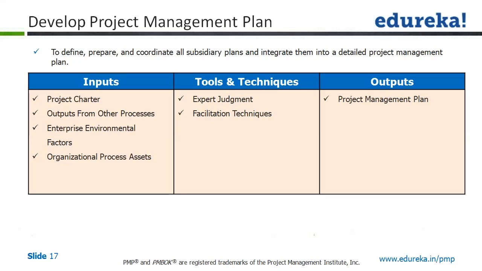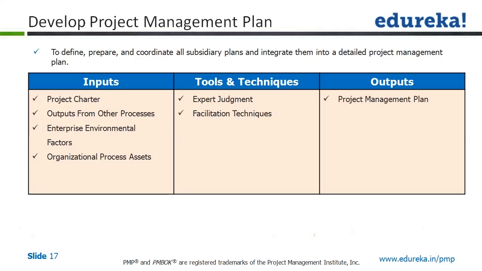These two items would continue to be inputs to most of the processes going forward, so this is there by default. And the second input is something you should pay attention to, known as outputs from other processes. What do we mean by outputs from other processes? I will cover that shortly for you.